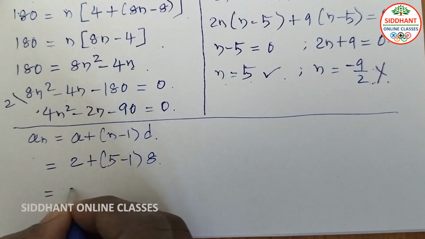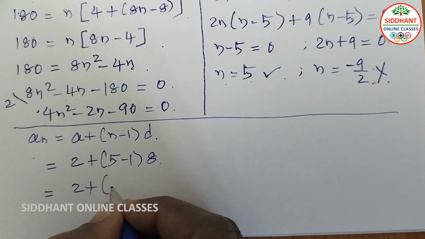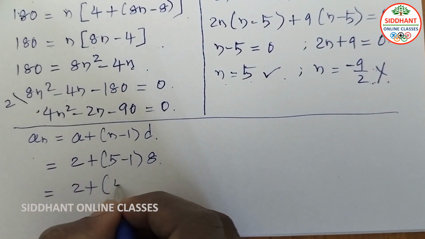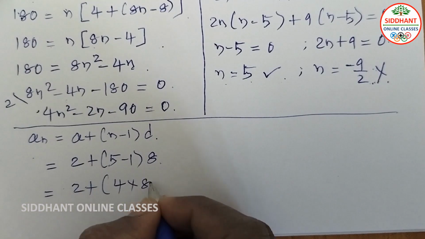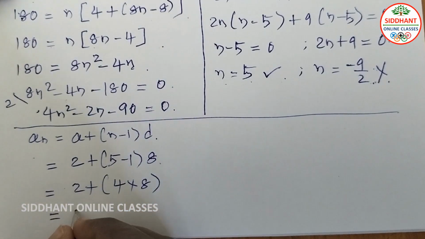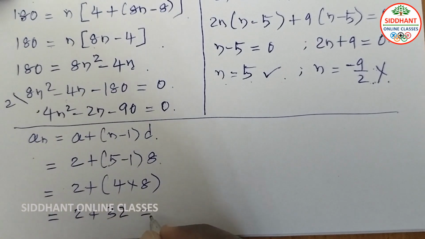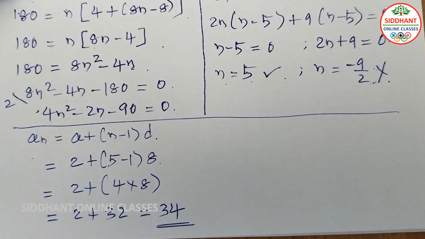So that equals 2 plus 4 into 8, that equals 2 plus 32, which will be 34 here. So an is 34.